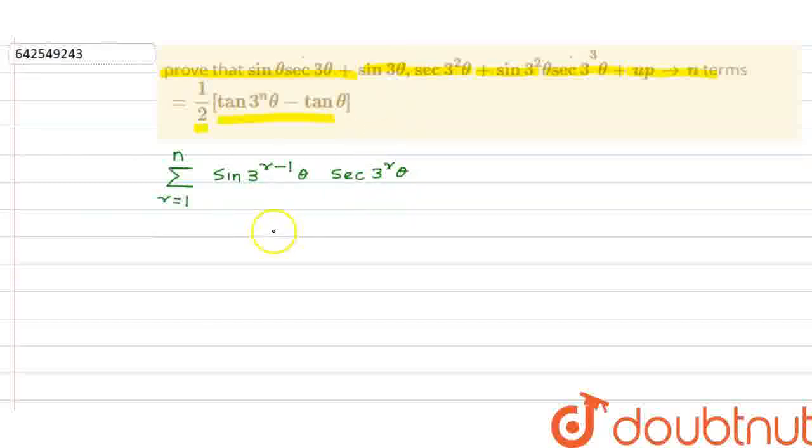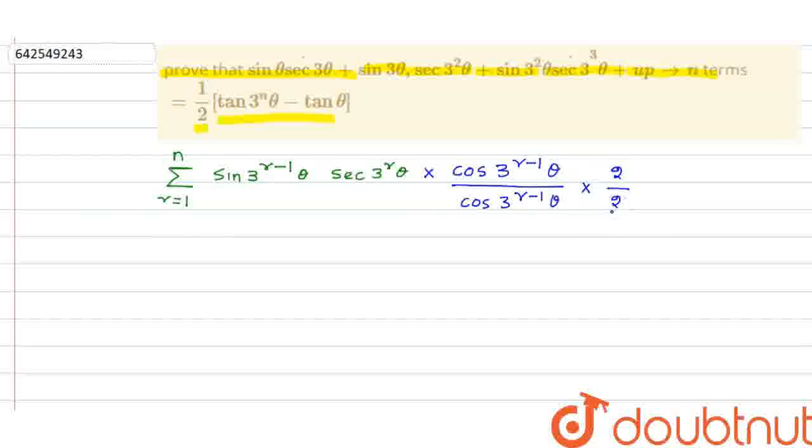Now, for simplifying it, just multiply and divide by cos 3^(r minus 1) theta. One thing we also do is multiply and divide by 2, so this is 2 upon 2.